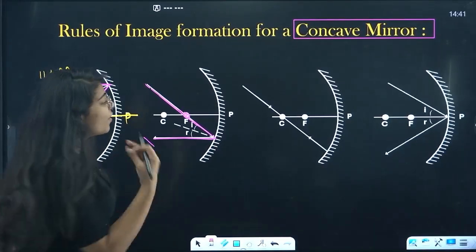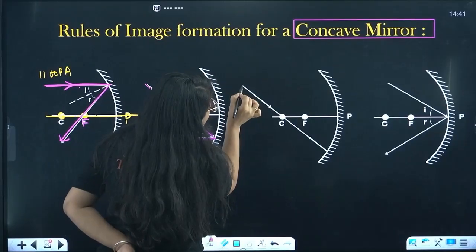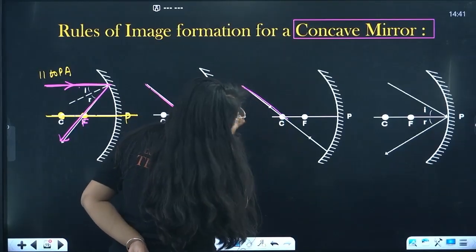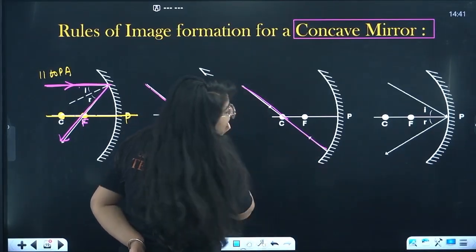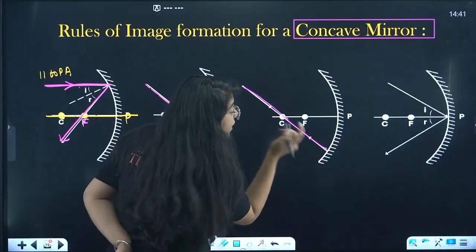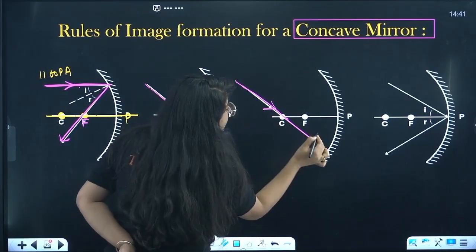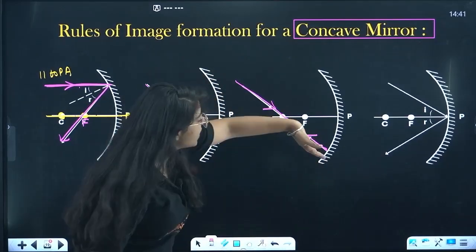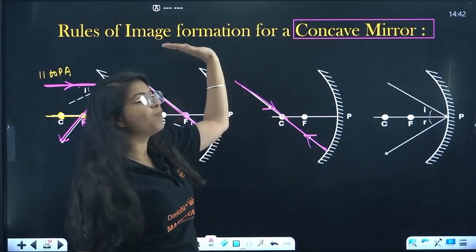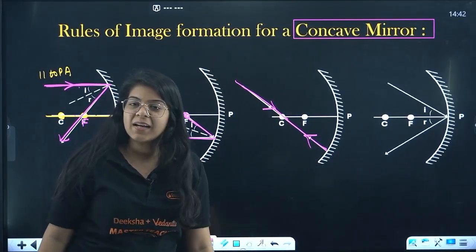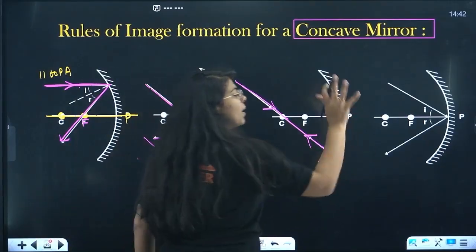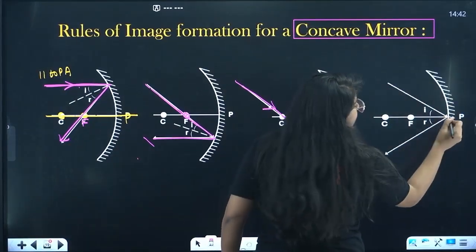Then, a very simple one: if this ray is passing through the center of curvature, hitting this mirror, then it will reflect back and follow the same path. It comes like this, reverses back and goes back like this only. Then next, we have a simple but very important one, that is your pole.